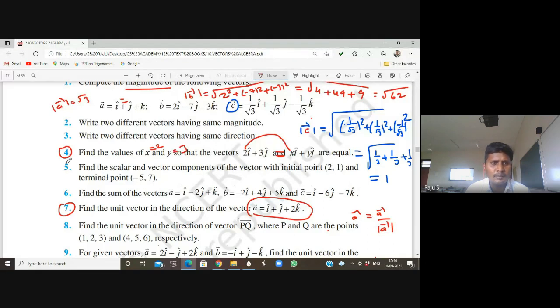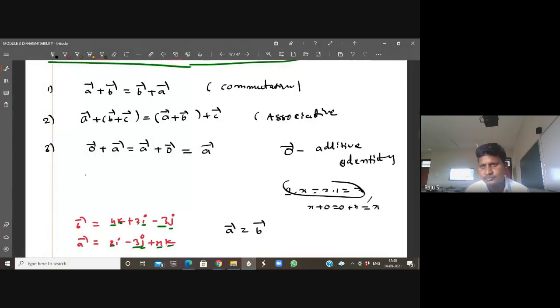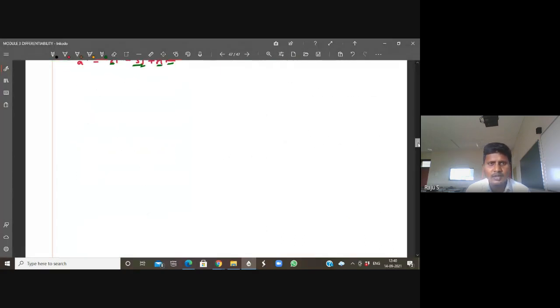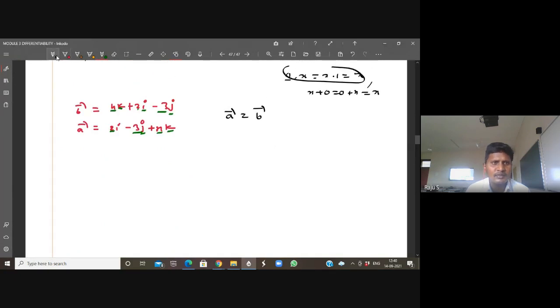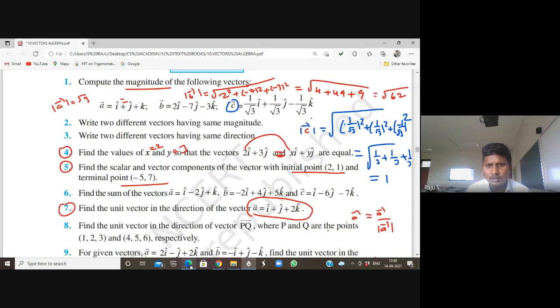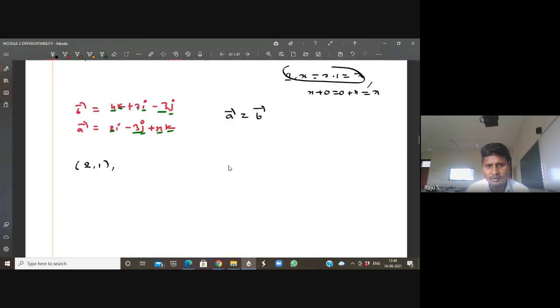That's it. Coming to question number 5, find the scalar and vector components with initial point 2 comma 1 and terminal point minus 5 comma 7. This is a very easy question.